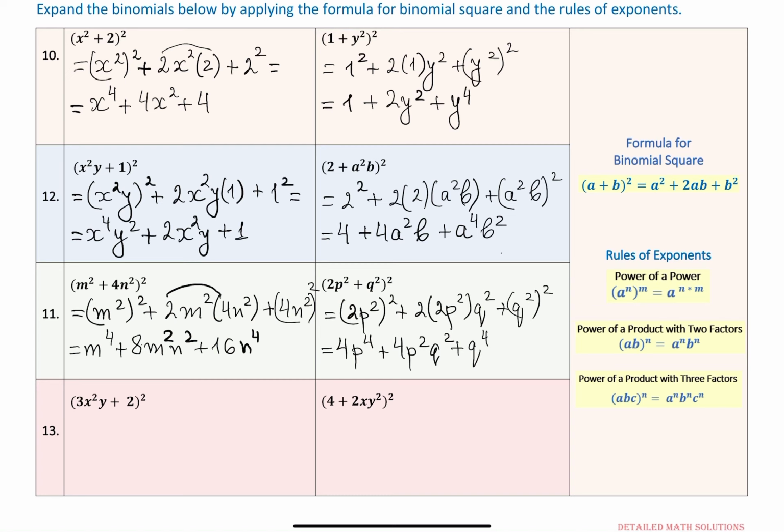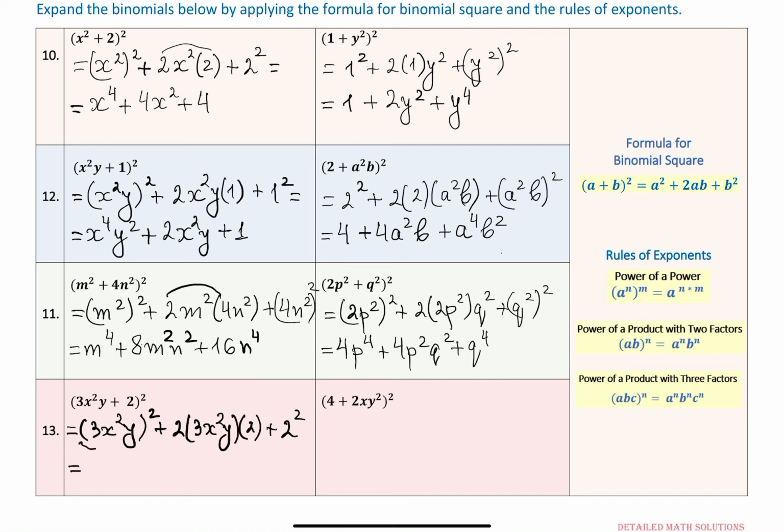Next exercise, (3x²y + 2)². This equals (3x²y)² + 2 times 3x²y multiplied by 2 + 2².